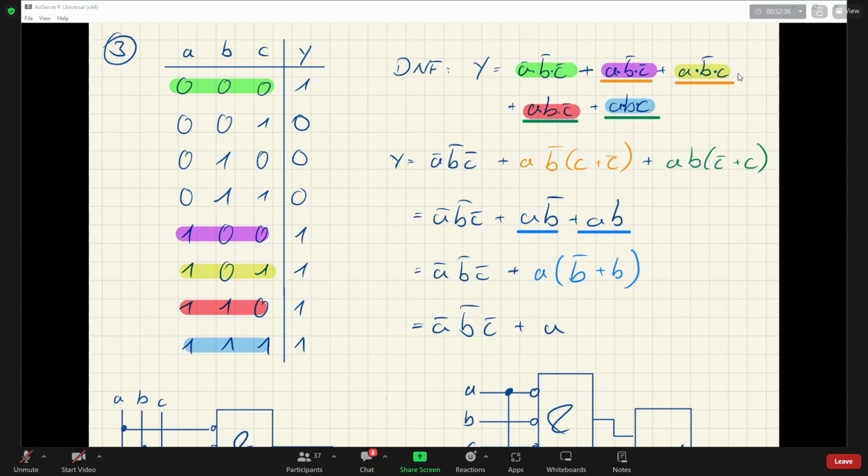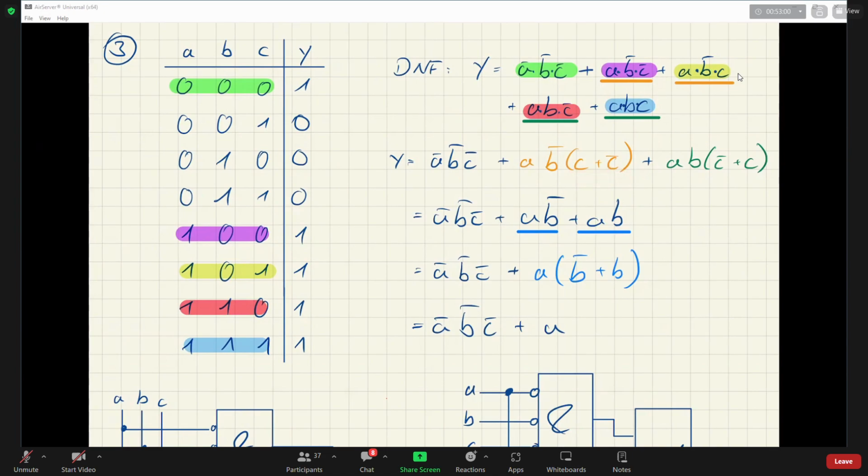Like in the fourth line, you have not written C plus C naught. Yeah, here you have not written C plus C naught. C or C naught is always one.